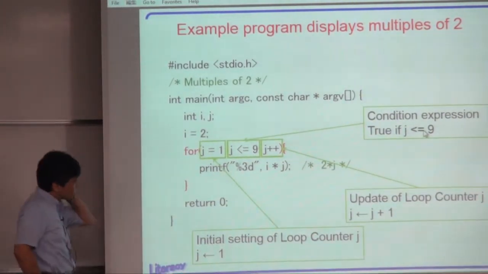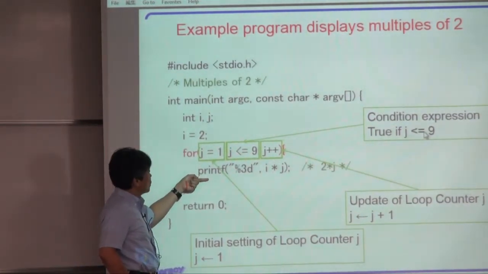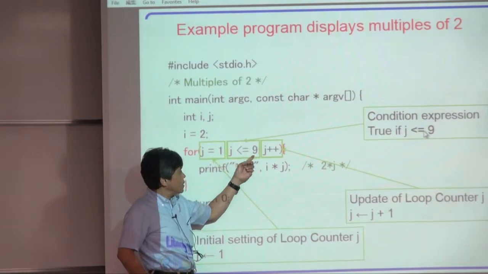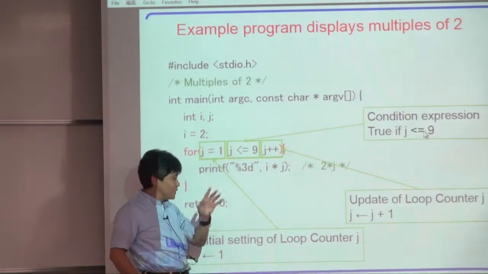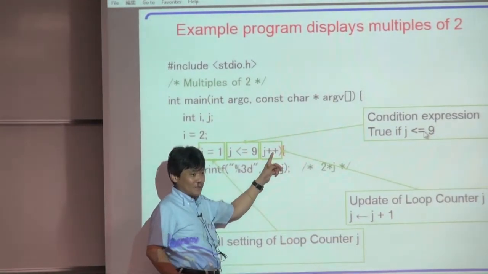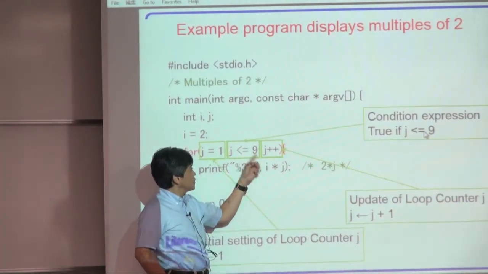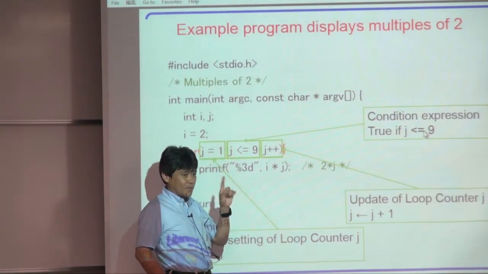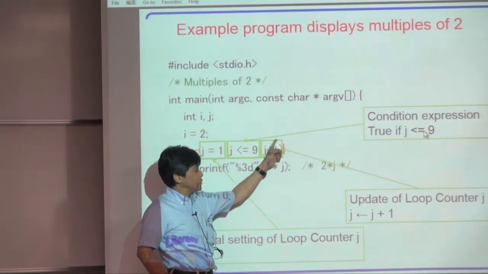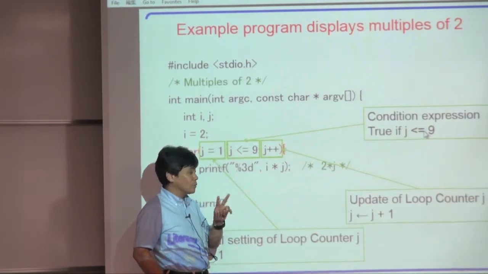After that, this third part of the argument will be executed. As I explained, this operator is the increment operator. So the current value of j is 1, then 1 is added. After this operator, the j value becomes 2.